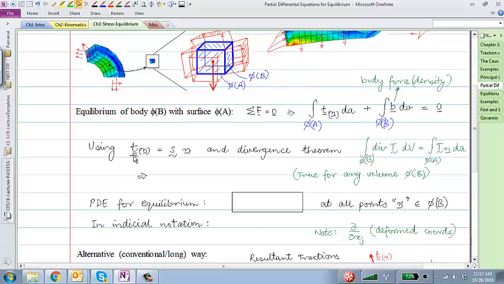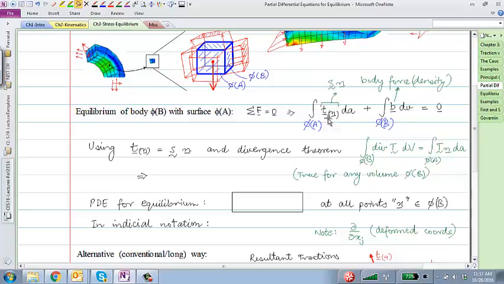What I'll do now is I'll use this expression. I know that Tn is also given by the Cauchy stress acting on a normal surface of a body. Since I'm calculating all these tractions on the deformed surface area of the body, there should be a normal to all of these surfaces. So if I act the stress on the normal, this quantity in here is S acting on N. Does this look familiar? This integral, integral of S N dA. This is indeed the total force acting on the surface area.